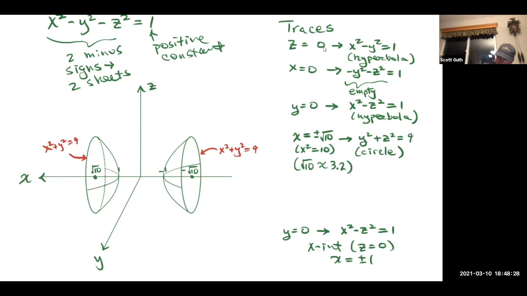Now the hyperbola here, opening along the x-axis backward and forward, appears twice. This hyperbola is the one that's in the xy plane, so that's x squared minus y squared equals 1.